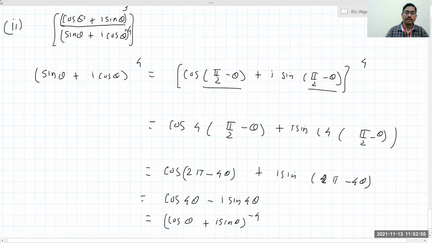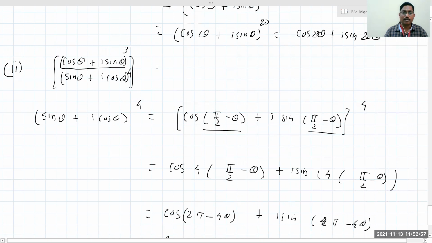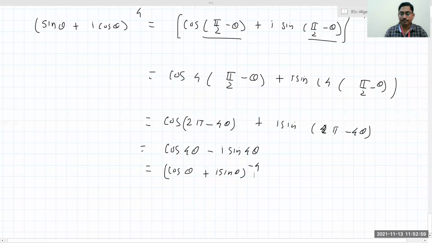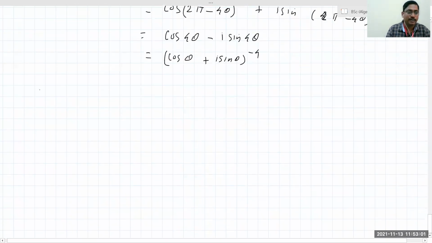The denominator value is this actually. Now I can put it there. The problem is cos theta plus i sine theta raised to 3 divided by sine theta plus i cos theta raised to 4.